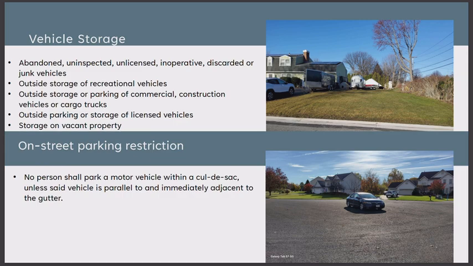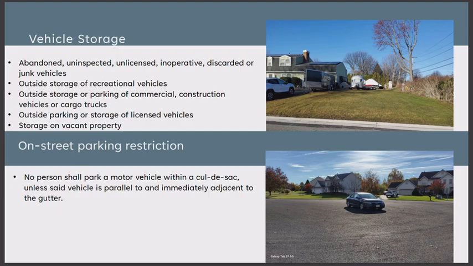Sometimes they'll be parked on the front lawn or in the rear of the property or even on the side of the property. And also on storage on vacant properties, there's numerous vehicles on vacant properties, unlicensed, licensed, and this is just going to strengthen the code.